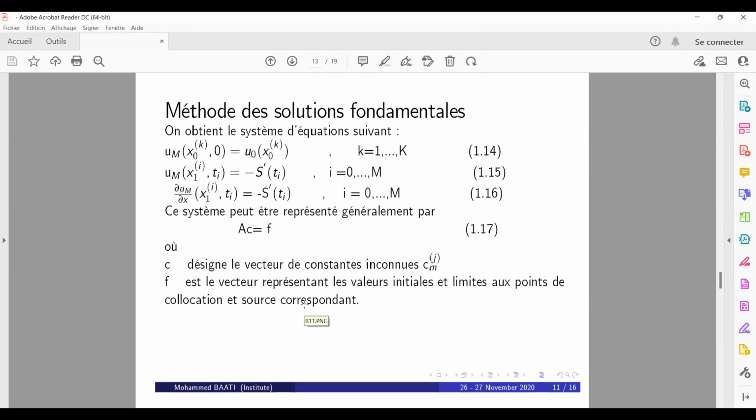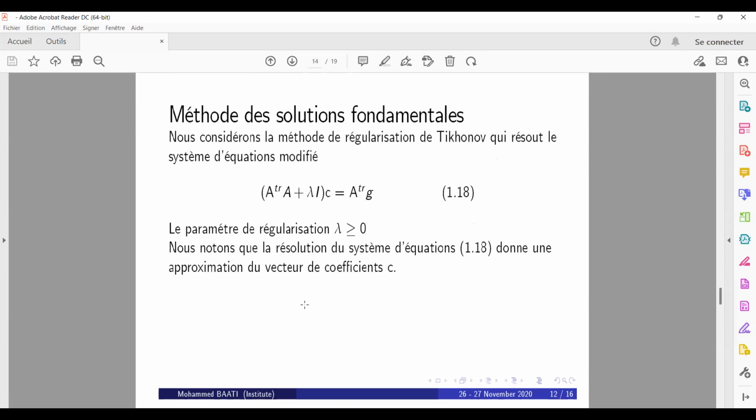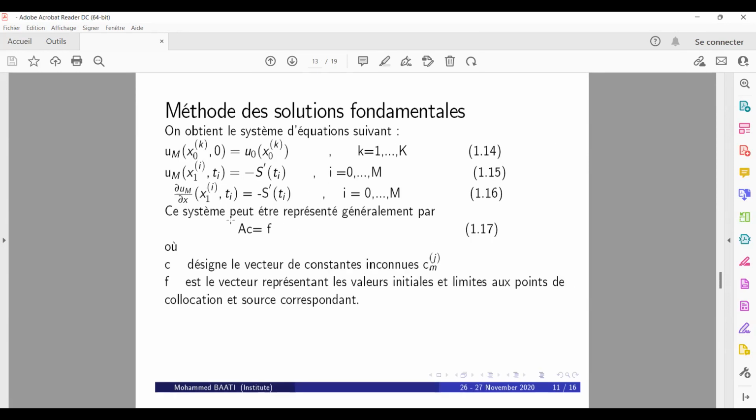Donc, on va essayer de trouver C. Ce système est mal conditionné.